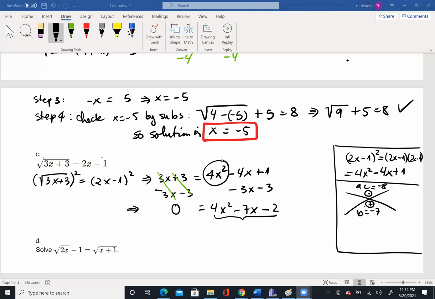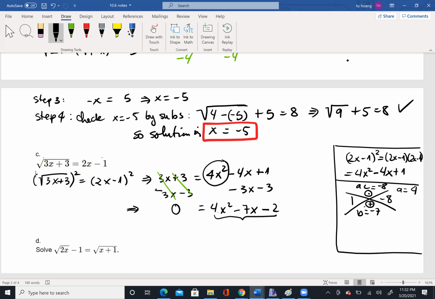Let's start with number 1. Say 1 times negative 8. Okay, so 1 times negative 8 will be negative 8. But 1 plus negative 8 will be negative 7. That is good. But remember, in this case, I have A equal to 4, which is not number 1. And that's really not a special case.